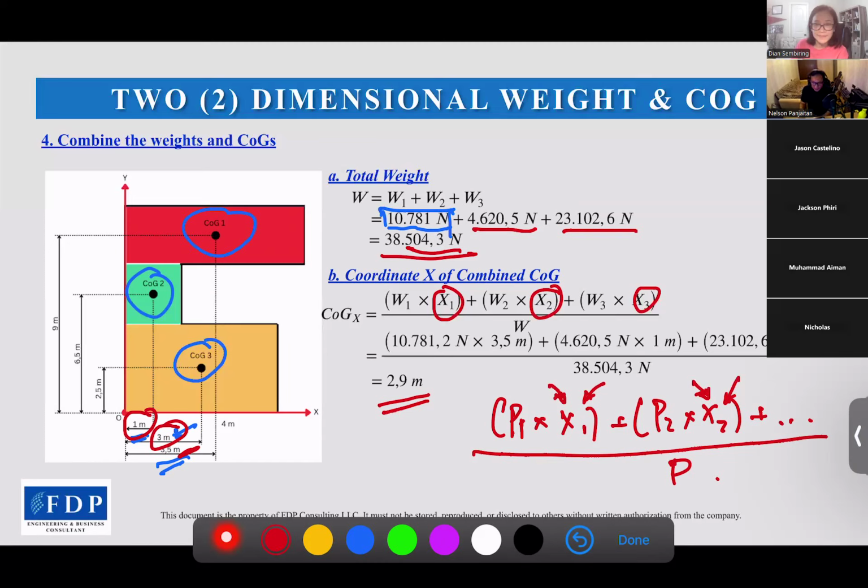I got the answer is 4.8 meters. Or what? 4.8. Let's see.